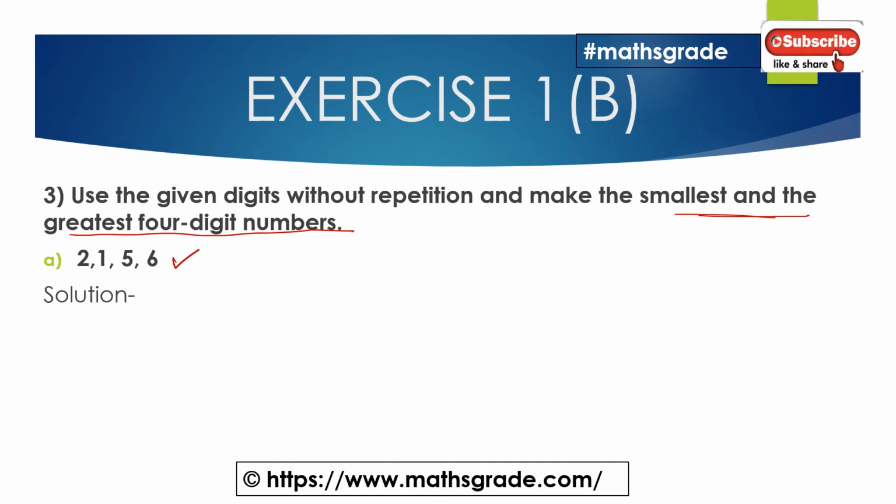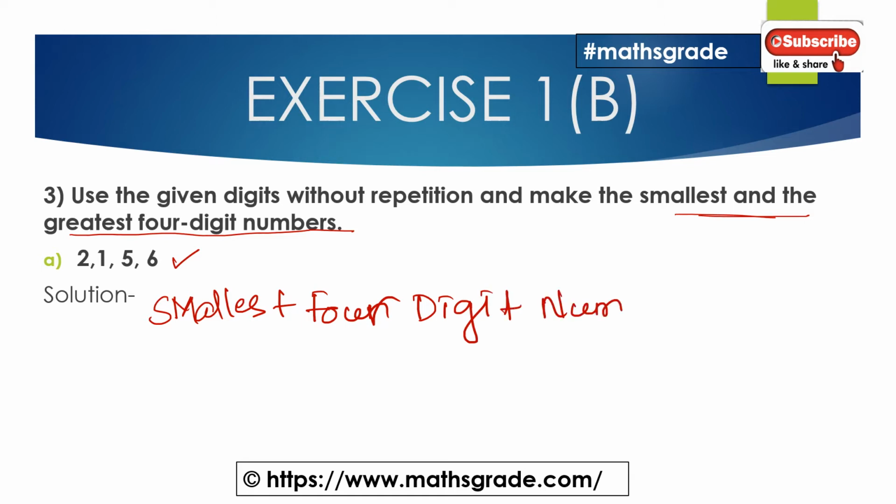The smallest digit is 1. Then after 1, this is 2, then 5, then 6. So this is the smallest 4-digit number.